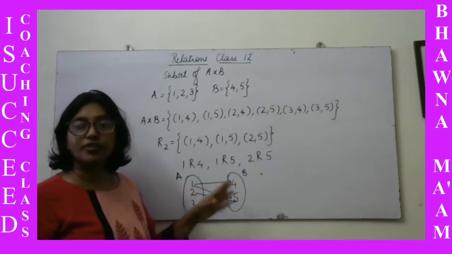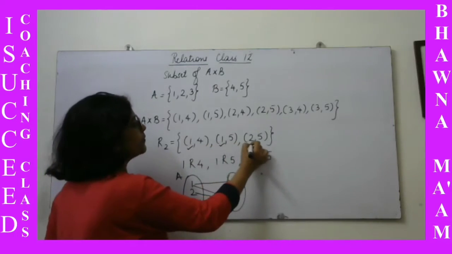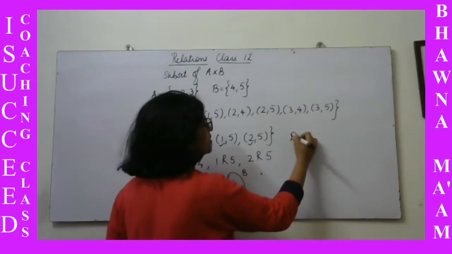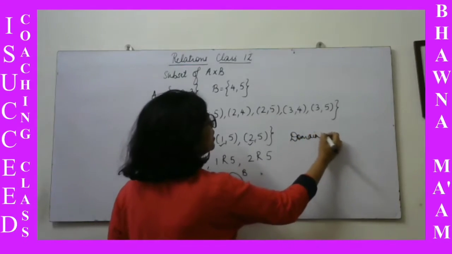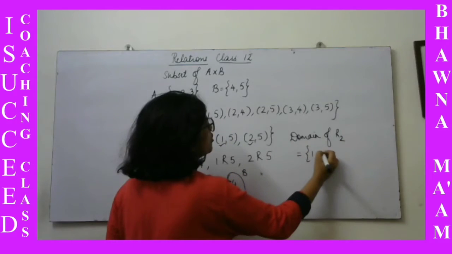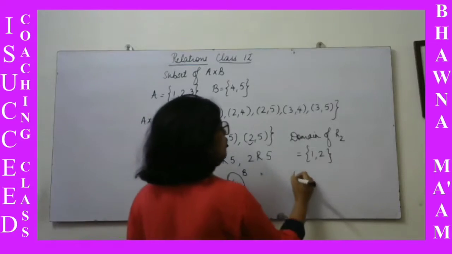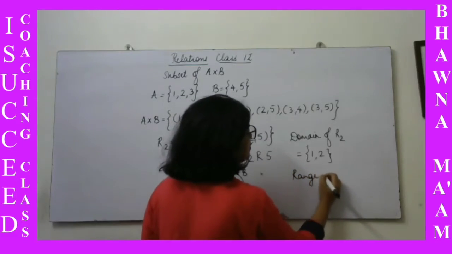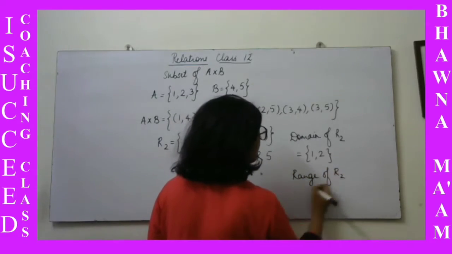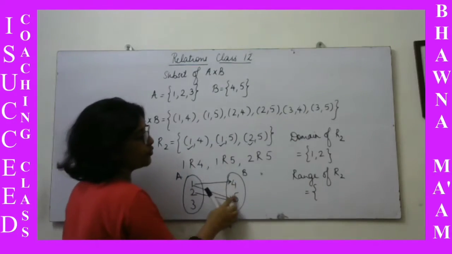Now if you want to find the domain of this relation, the first elements are the domain. So the domain of R in this case, since we have written R2, we can write domain of R2 is 1, 2. Which elements are related? 1 and 2. Range of R2. Which elements are this related to? 4 and 5.